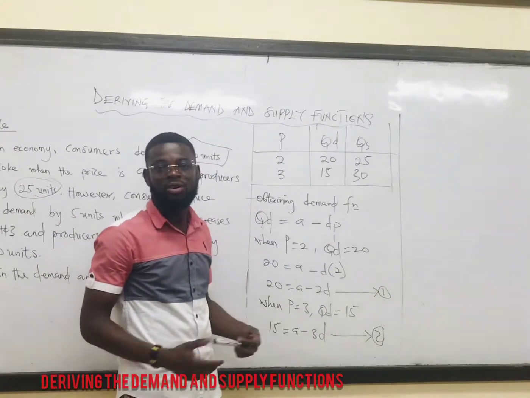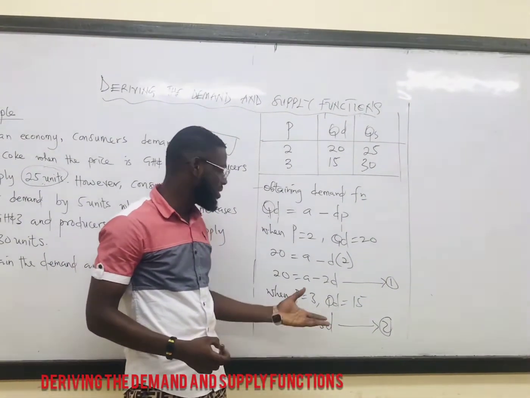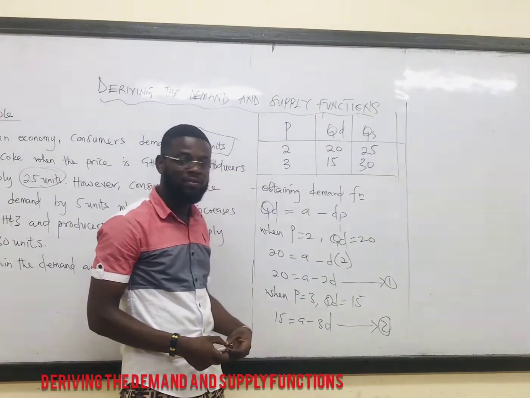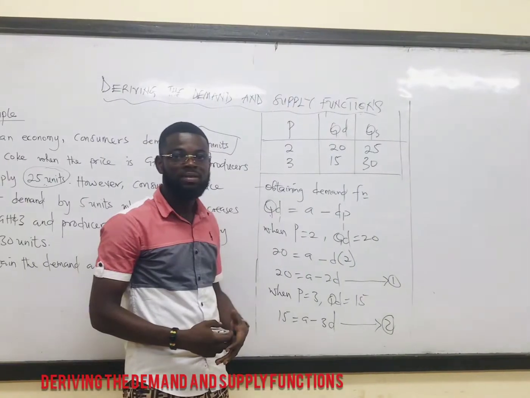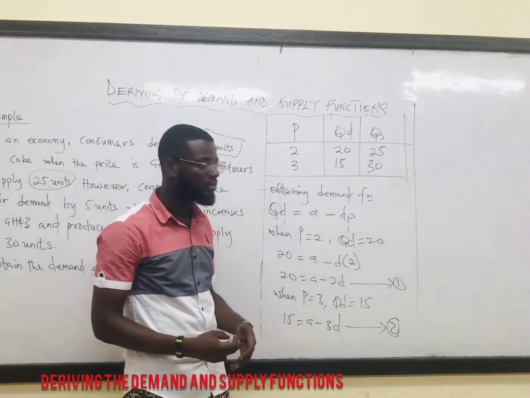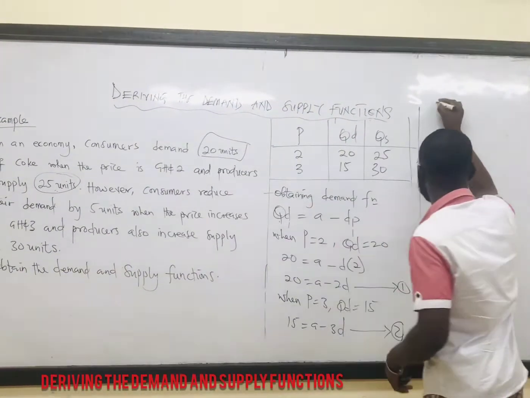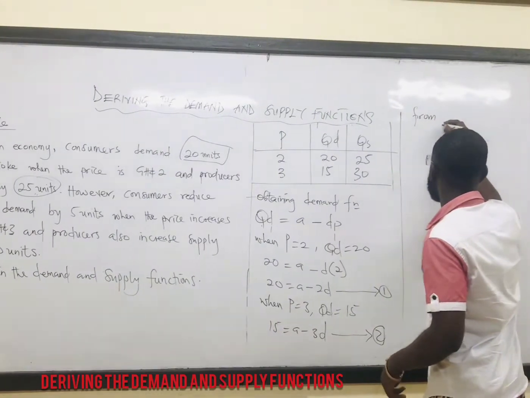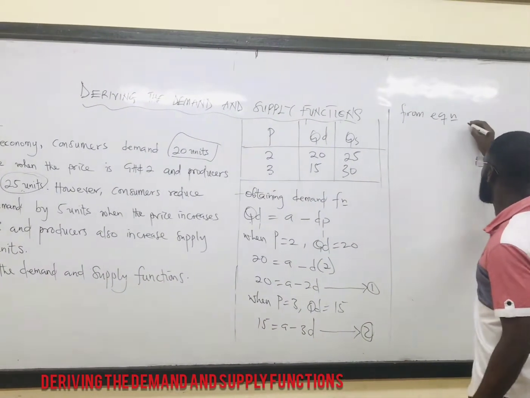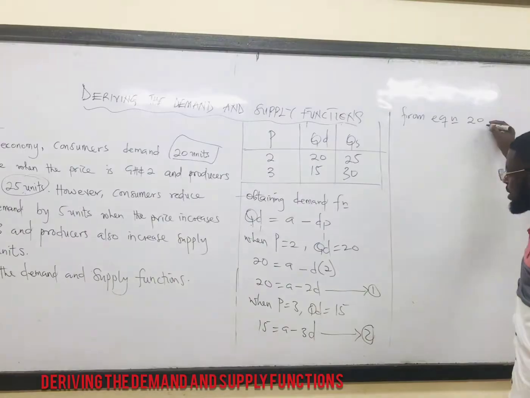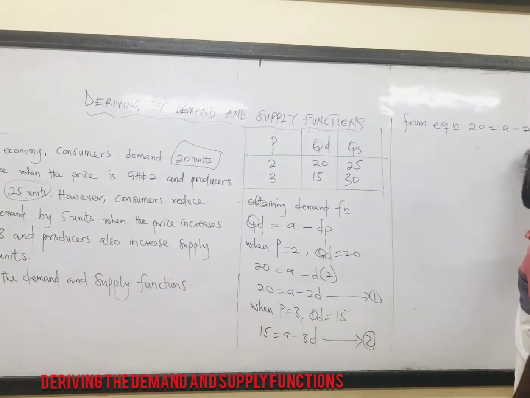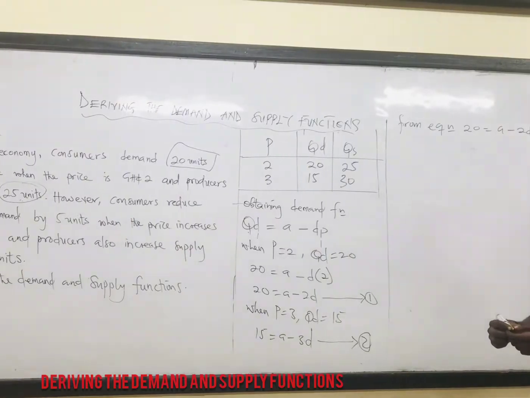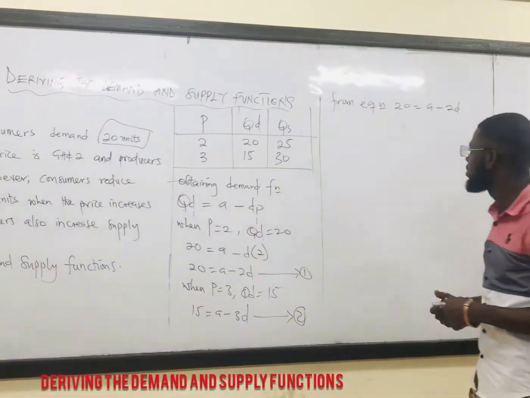And I know we all can calculate simultaneous equations involving two variables. So I am going to use the substitution method. So from equation 1, that is 20 equals A minus 2D, I'm going to make A the subject of the relation.